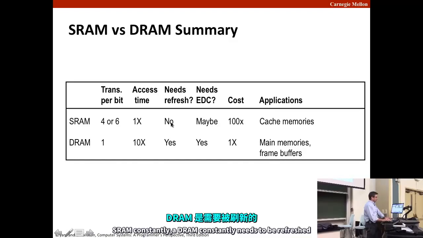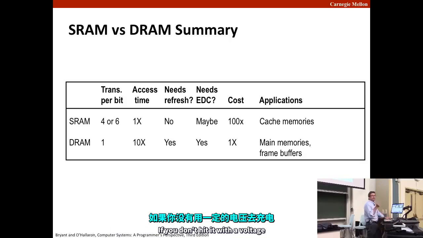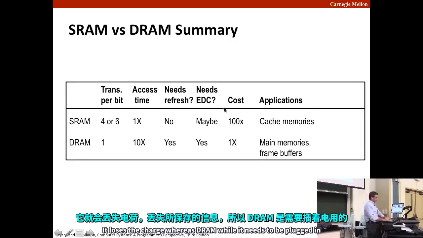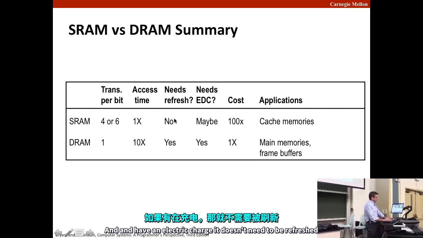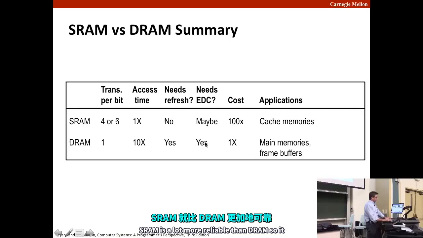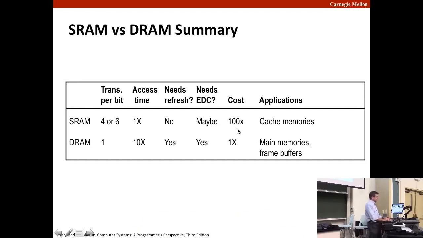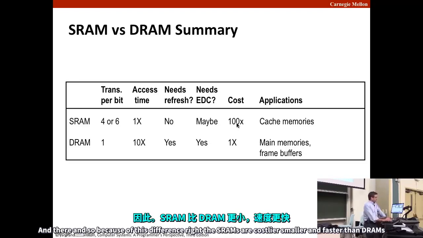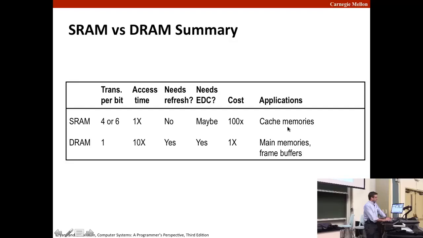DRAM constantly needs to be refreshed. If you don't hit it with a voltage, it loses the charge. Whereas SRAM, while it needs to be plugged in and have an electric charge, doesn't need to be refreshed. SRAM is also a lot more reliable than DRAM, so there's less need for error detection and correction. Because of this difference, SRAMs are costlier, smaller, and faster than DRAMs.